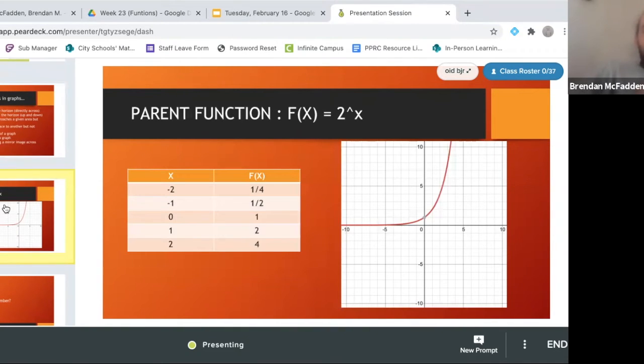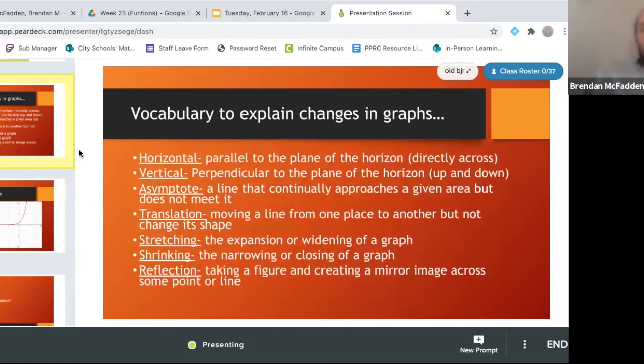All right, so when we start to describe the changes that are taking place in our exponential functions, we're going to use this function f of x equals 2 to the x power as our parent function. And we've talked a little bit about parent functions. Again, that is the original function that we're starting with. So any changes that take place to our parent function are what we're going to use these vocabulary words to describe.